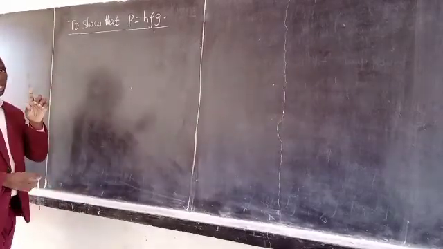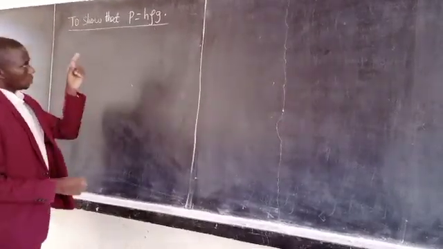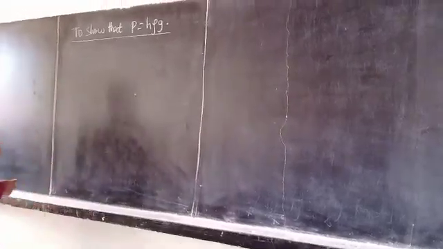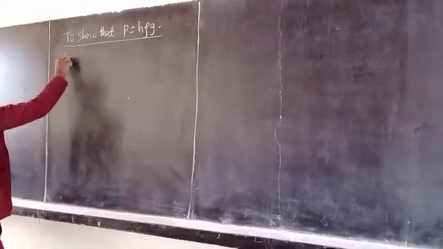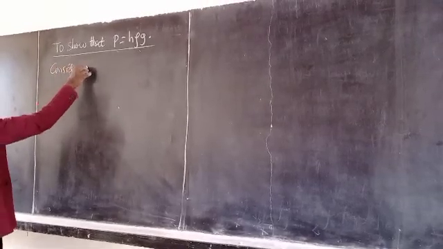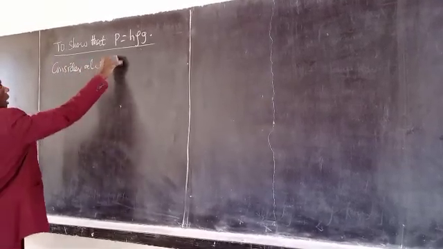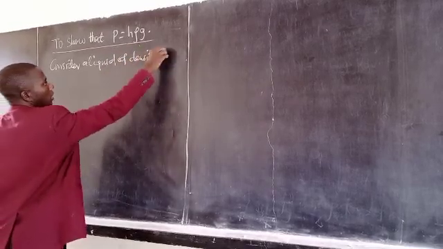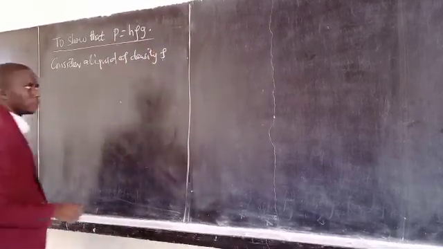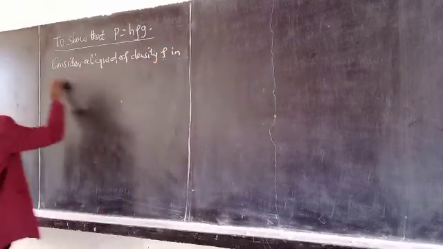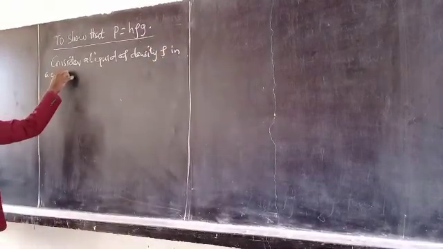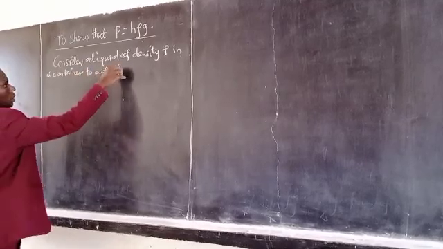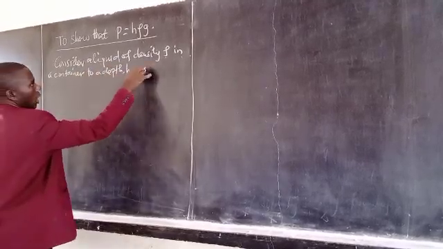We shall move from pressure equals force over area, and we see how we arrive at that. We are considering a liquid. Consider a liquid of density rho in a container to a depth h as shown.